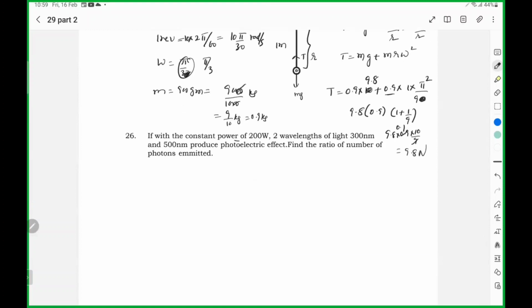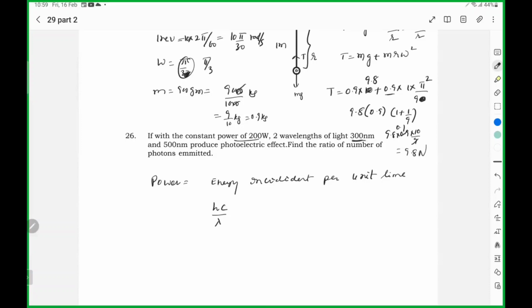With constant power, so energy incident per unit time. If one photon is incident, so the energy incident on is this, we don't know.